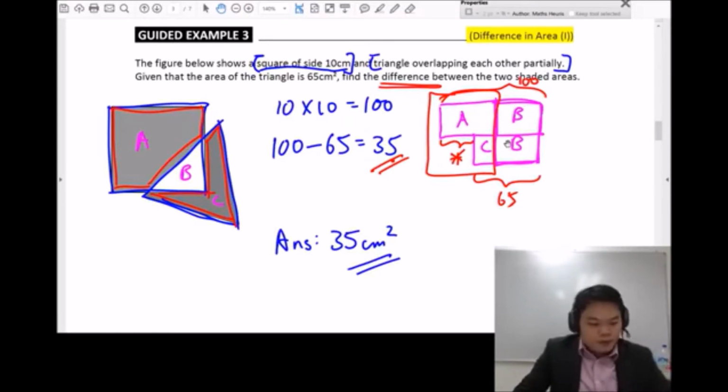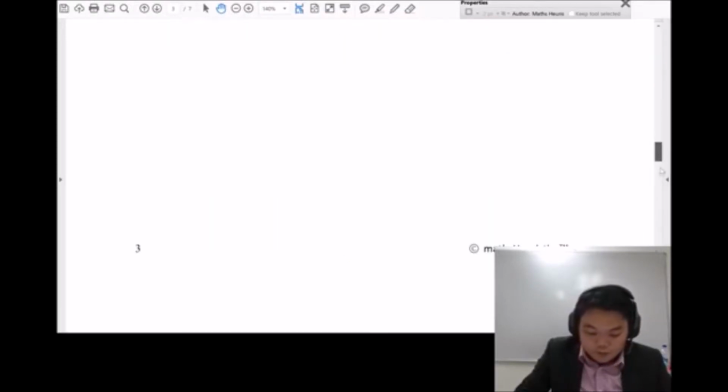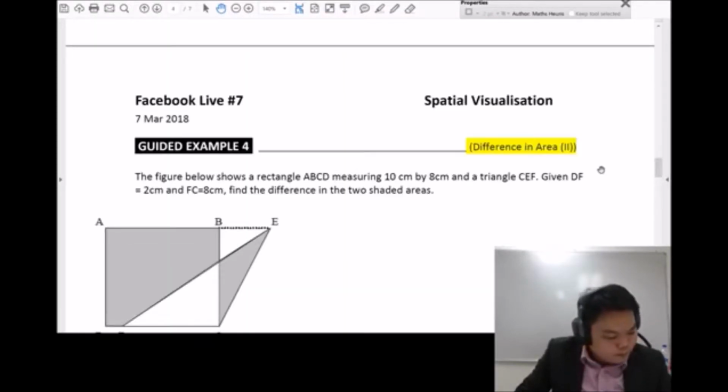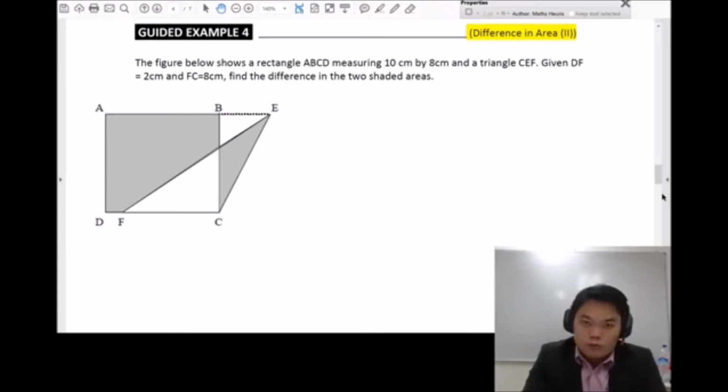So now let me move on to number 4. Okay, with the same idea, we can apply it to a question that is tweaked slightly.